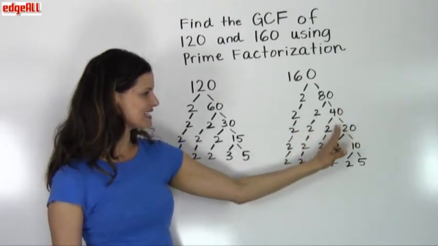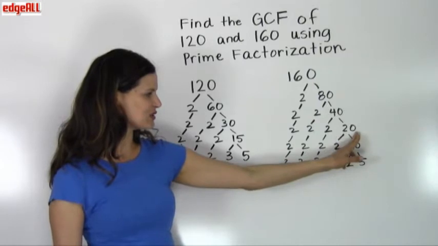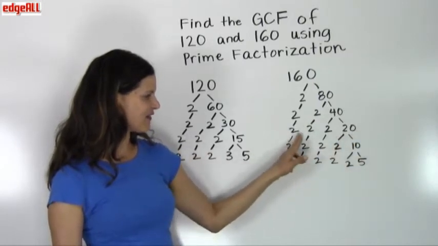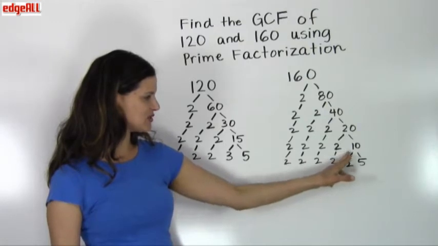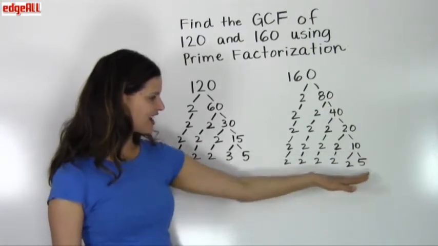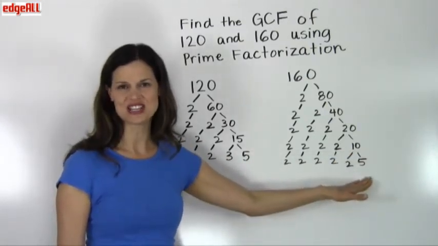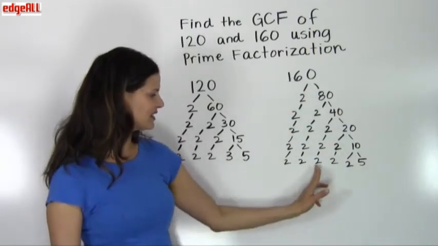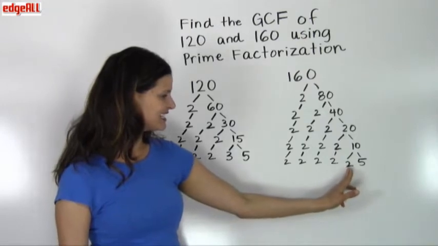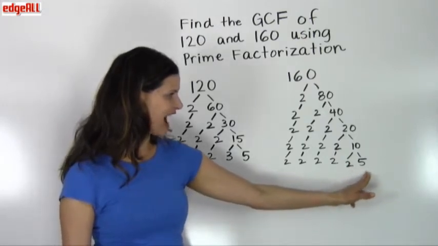Then 40 gets divided by 2 to equal 2 times 20. On this level then we have all our prime numbers and 20. The next level, all prime 2's with a 10, and our final level of prime factorization of the number 160 is 2 times 2 times 2 times 2 times 2 times 5.